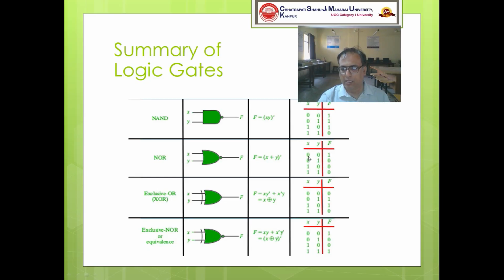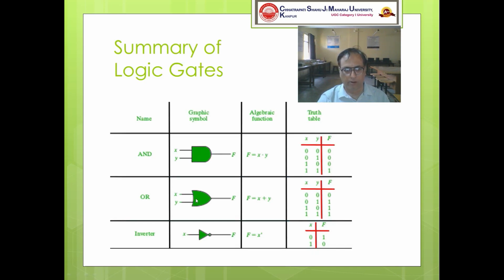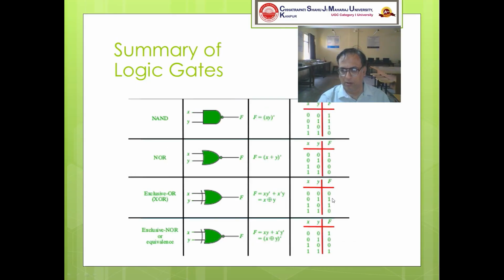Here the truth table is 0 0 gives output 1, 0 1 gives 0, 1 0 gives 0, 1 1 gives 0. Again, this is the complement of the OR truth table. The OR truth table is 0, 1, 1, 1. The NOR will be 1, 0, 0, 0.